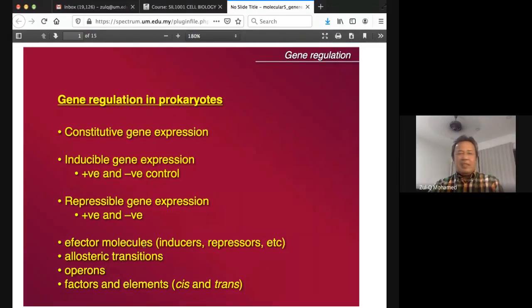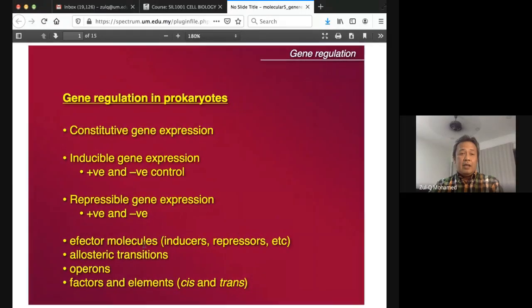Down here just gives you some terms that you're going to see. Effector molecules are molecules involved in gene regulation. You have the inducers, repressors, activators, and whatnot. Then allosteric transitions. If you view proteins in a three-dimensional manner, when you do translation, you have a string of amino acids.